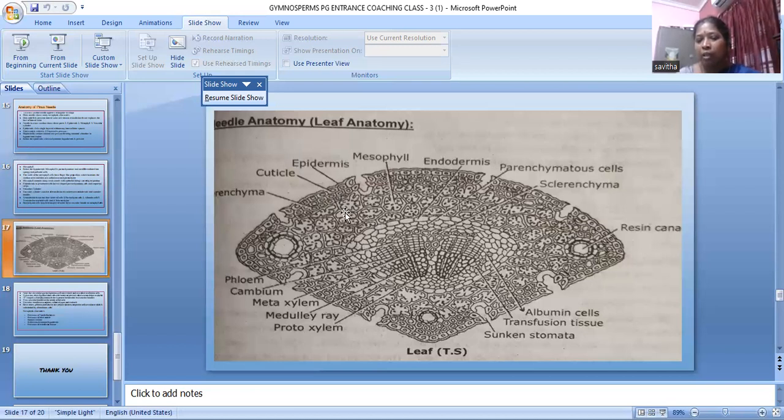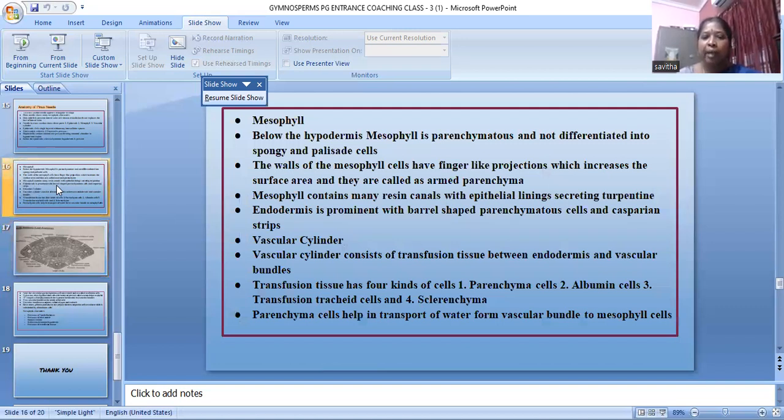Next to the hypodermis, the mesophyll tissue is there, which is not differentiated into spongy and palisade parenchyma. Mesophyll contains parenchymatous cells, which are not differentiated into spongy and palisade parenchymatous cells. The walls of the mesophyll cells are projected into finger-like structures to increase the surface area of the leaf.